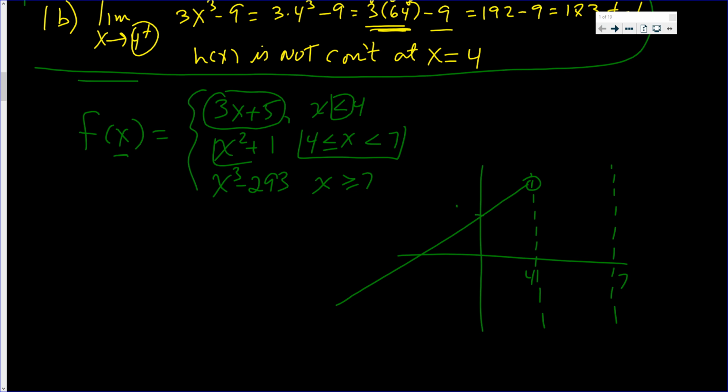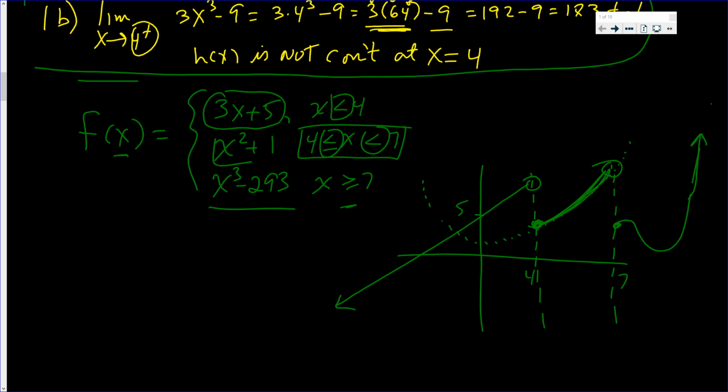Well, that's 5. It looks like this. This is x squared plus 1. But I only want it between 4 and 7. Oh, why didn't you say so? So I only have this portion. It can equal 4, but not 7. And then I have this cubic above 7. And it can equal 7. So maybe it goes like that.